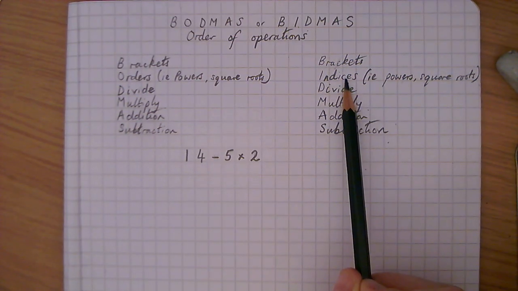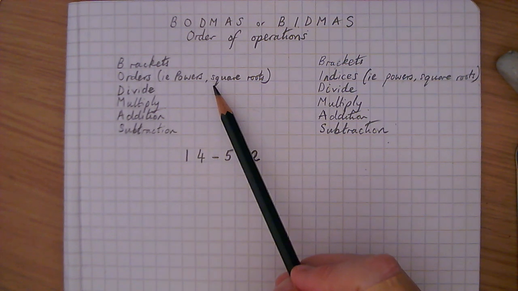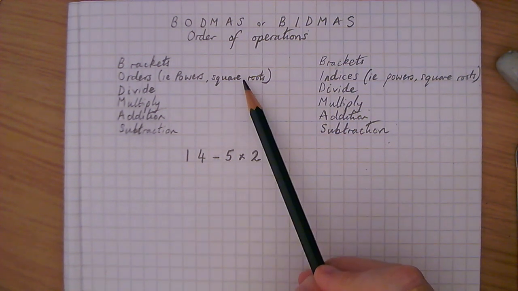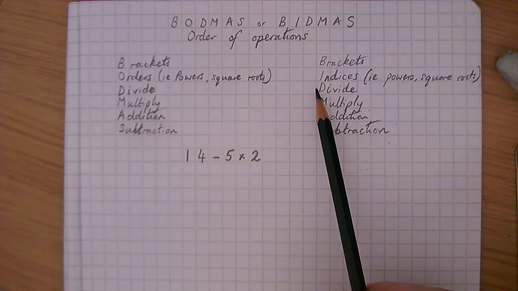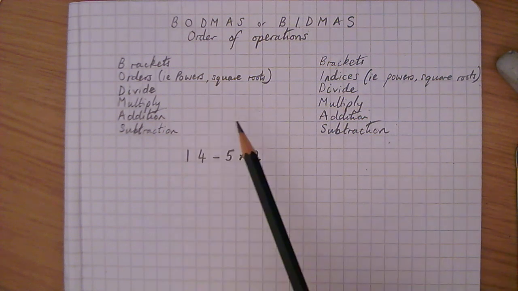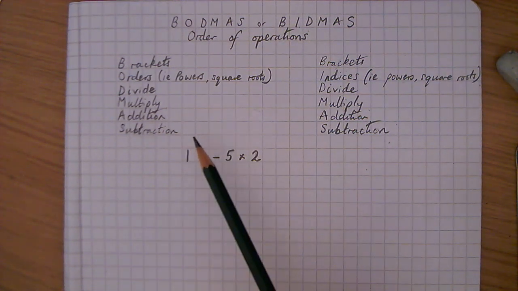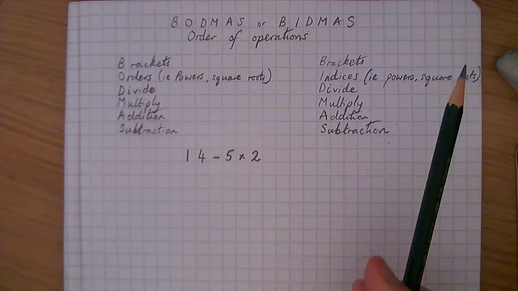In BIDMAS it means exactly the same, it just means that if you have a squared number or a square root, you do that next. Then we do divide, multiply, add, and subtraction is always the last calculation that we do.